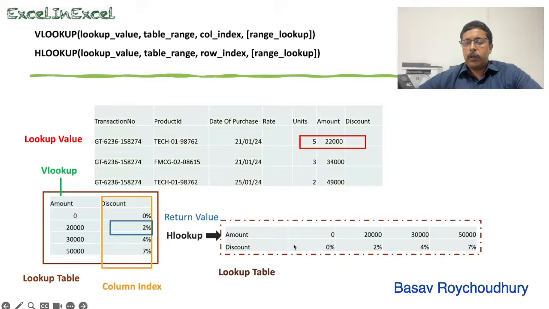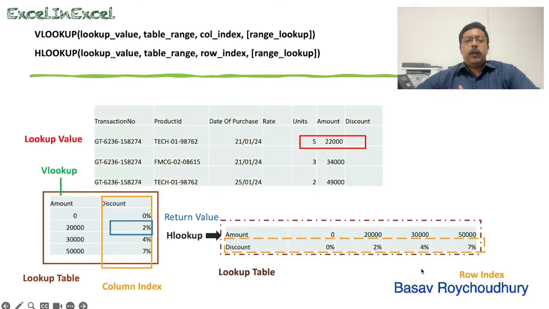Between 0 to 20,000 the discount is 0%, between 20,000 to 30,000 the discount is 2%, between 30,000 and 50,000 the discount is 4%, and 50,000 and beyond the discount is 7%. Therefore, in this case also the return value will be taken from the row index, which is the second row. So that's how we use the approximate match.